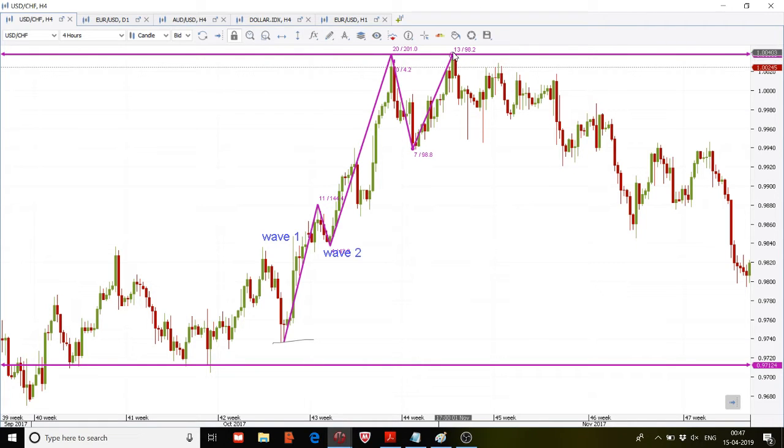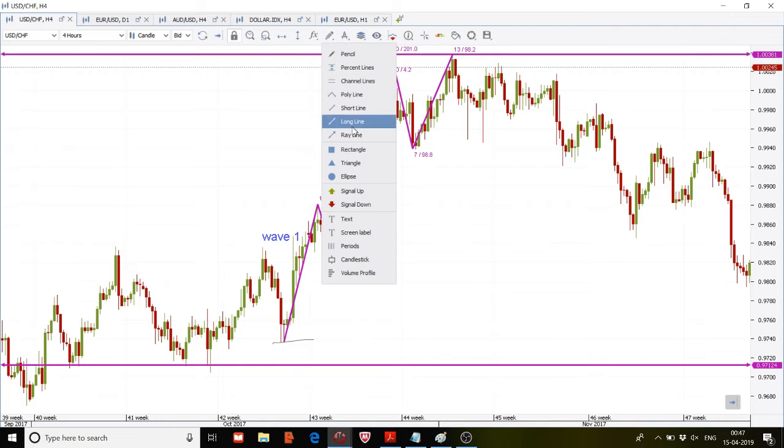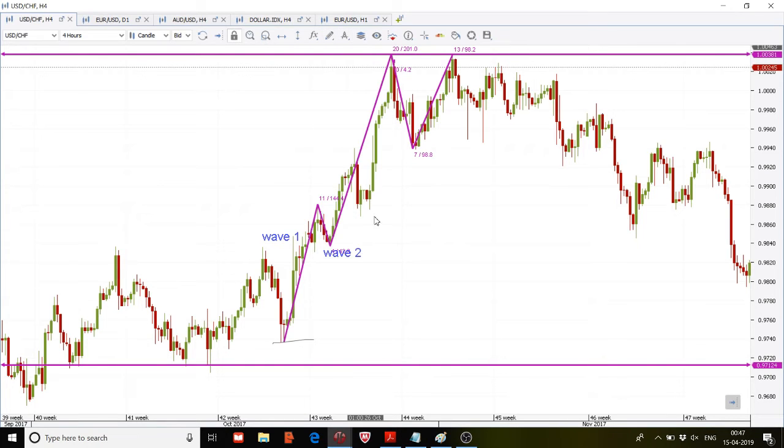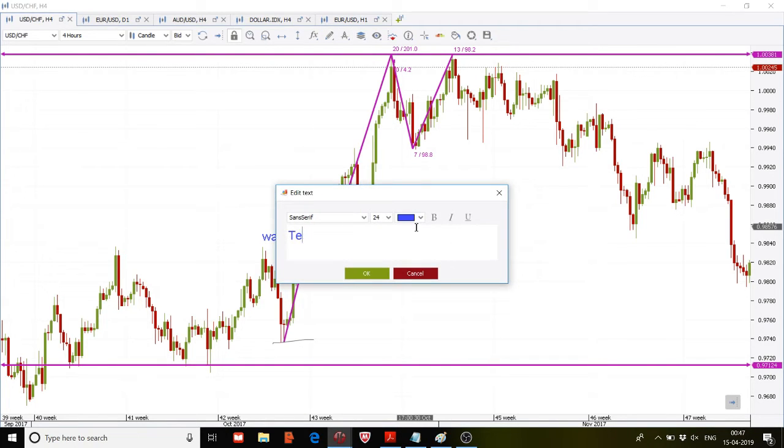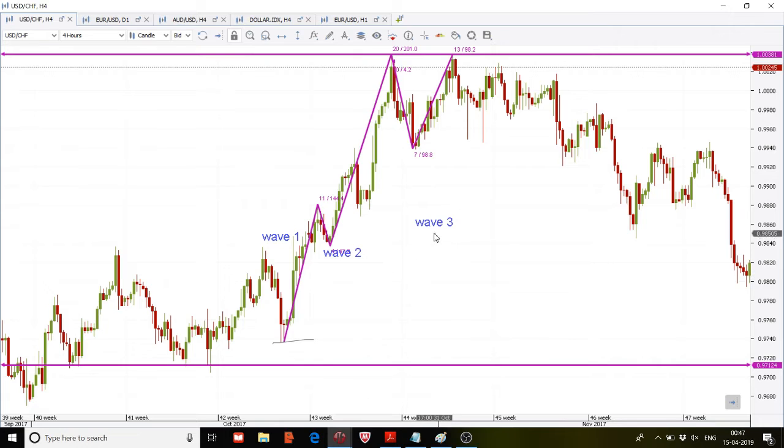Here wave 5 failed to cross the highest point of wave 3. That's why you need to keep in mind the guidelines and rules. This is the wave 3.